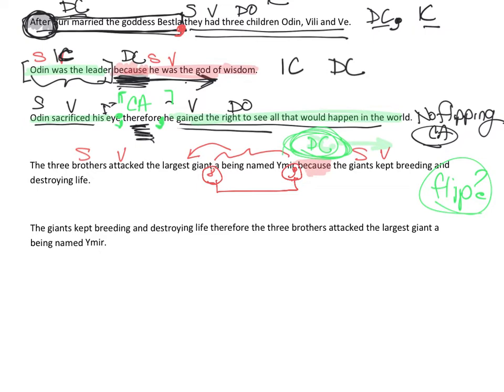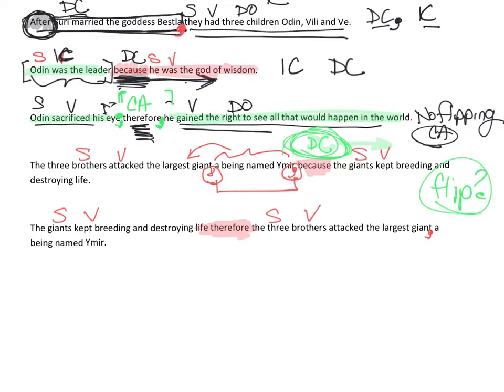The giants kept breeding and destroying life. Therefore, the three brothers attacked the largest giant, a being named Ymir. Well, wow, that sounds really similar. I've got subject, verb. I've got subject, verb. Let me identify the word that's joining them. There is the word that's joining them. I ask myself the same question.